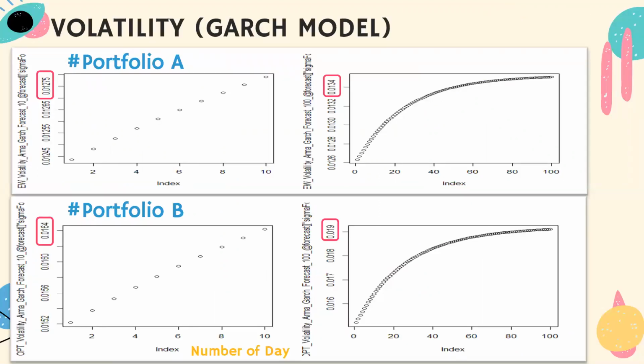And this slide is the volatility from the GARCH model. As you can see, for portfolio A, which is equally weighted, the volatility in the next 10 days is higher than the volatility of portfolio B, which is the optimal weight.